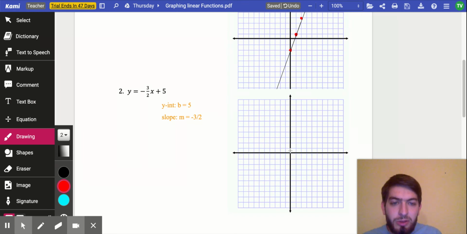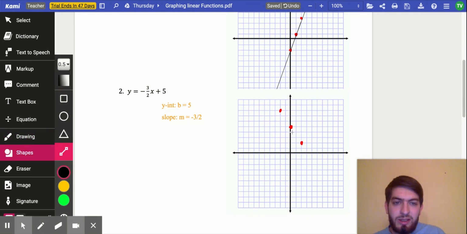So we're going to start with the y-intercept, 1, 2, 3, 4, 5. That's where we start on the y-axis. And we're going to move down 1, 2, 3 over 2. Or we're going to move up 1, 2, 3, that's +3, and -2 means left 2. And either way we do this, we get the same line, of course. So let's draw that line in. And it should look something like that.